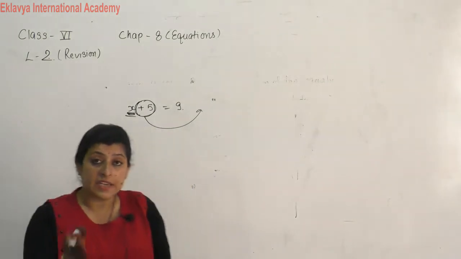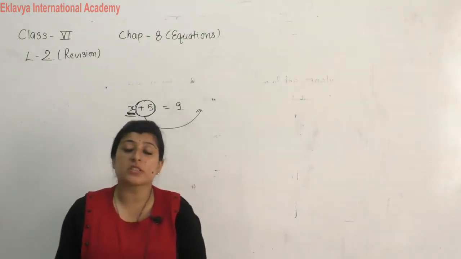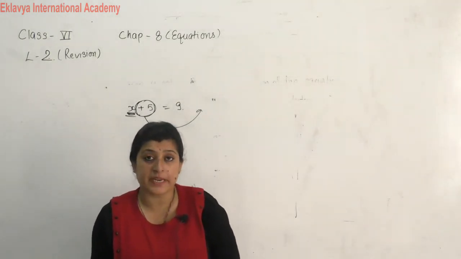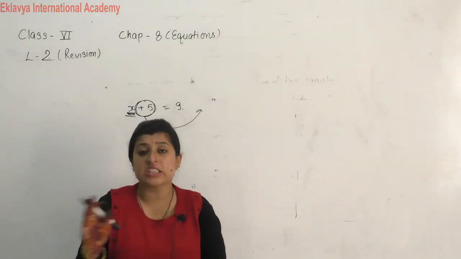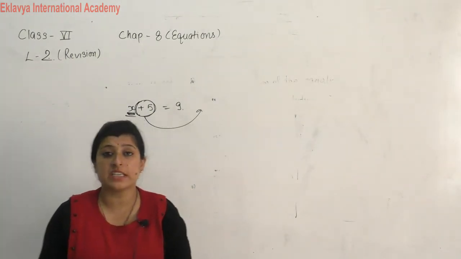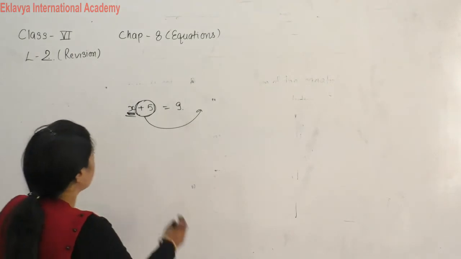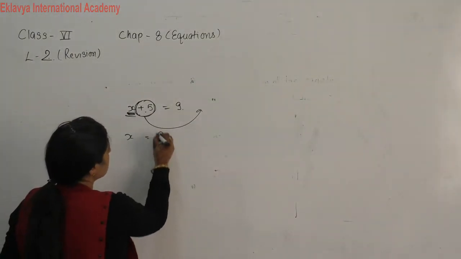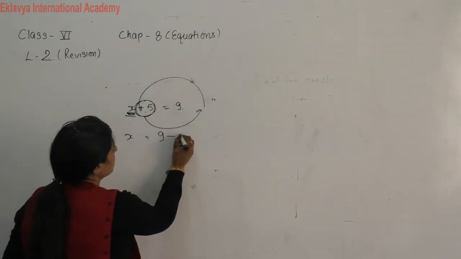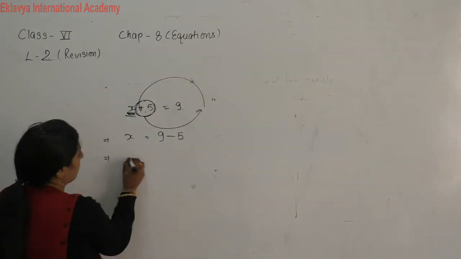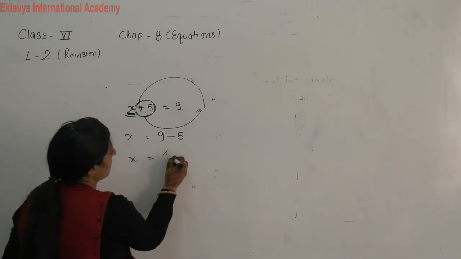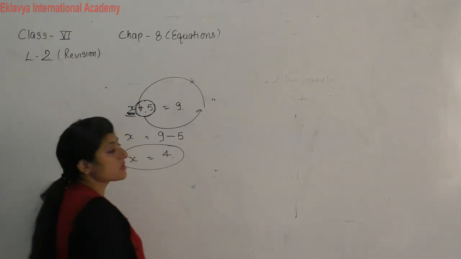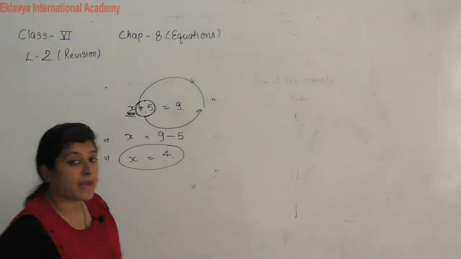If addition is transposed to the other side, we do subtraction; subtraction, then addition; multiplication, then division; and division, then multiplication. Here plus 5, when you change the side, changes into minus 5. Then it becomes x is equal to 4. This is called the transposing method.